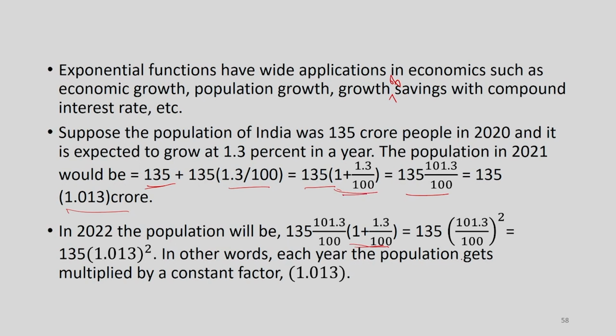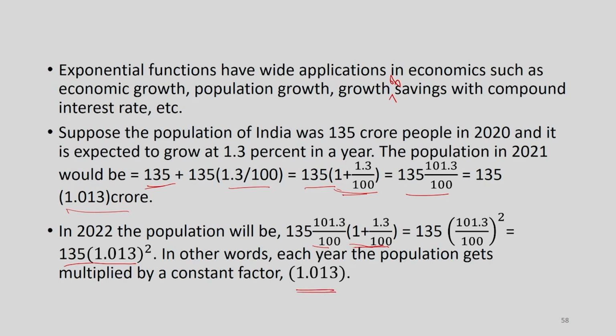So, this becomes 135 multiplied by 101.3 divided by 100, whole square, and this can be written as 135 multiplied by 1.013 square. In other words, each year the population gets multiplied by a constant factor, which is 1.013. This is the important thing.